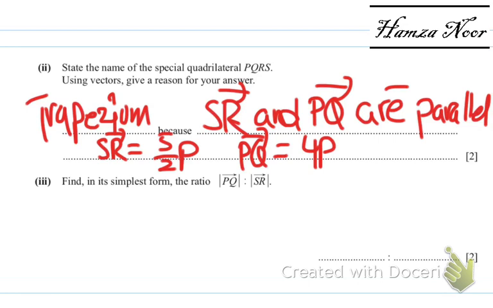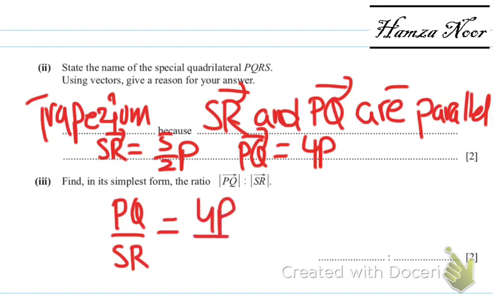Alright, so in part 3 it is said: find, in its simplest form, the ratio PQ to SR. You need to find the ratio, so PQ over SR, where PQ vector is 4P, and SR vector is 5 over 2P.